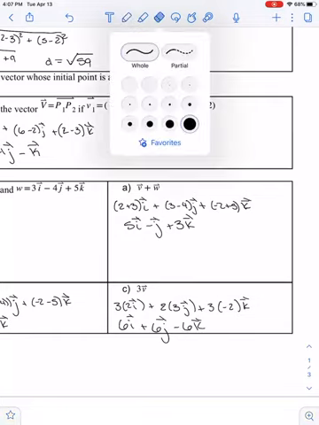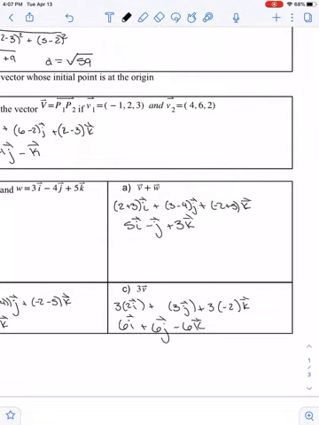And it looks like I misplaced this 2 here. It's supposed to be a 3. So this j is supposed to be a 9.